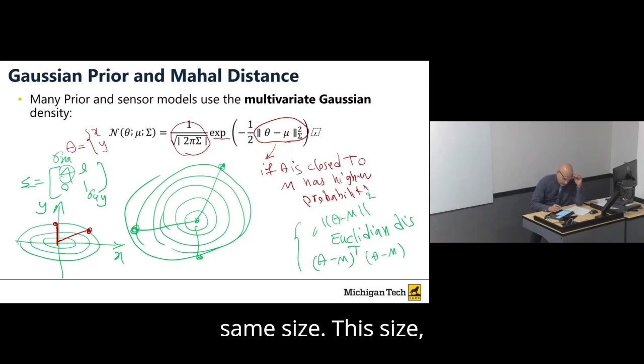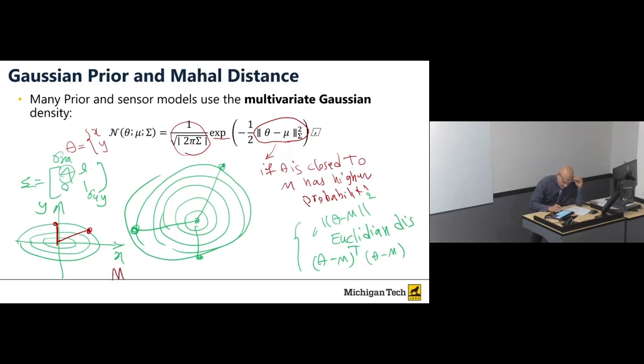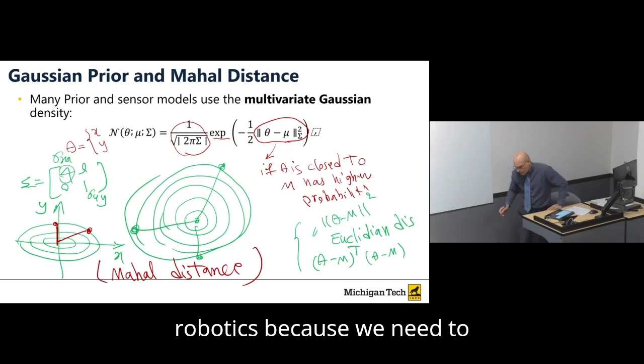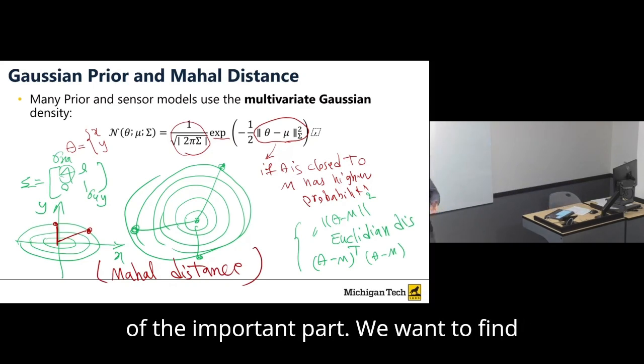This distance is called Mahal distance. I'm going to clean this up. So that's very important in robotics because we need to consider uncertainty. And distance is one of the important parts. We want to find the distance to the wall.